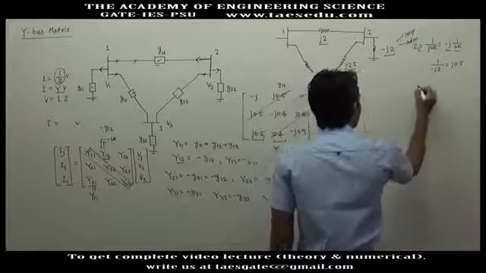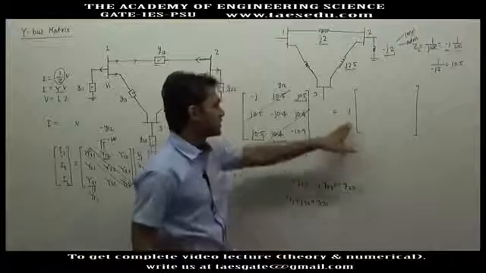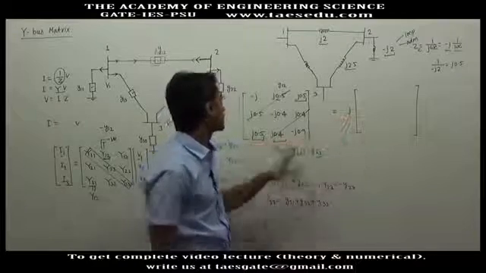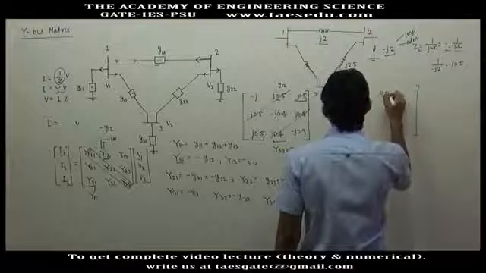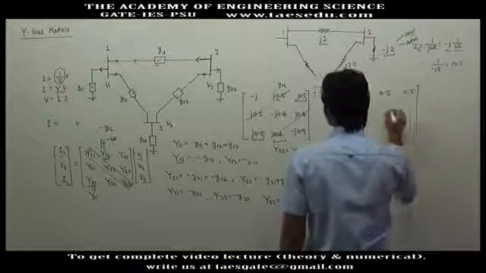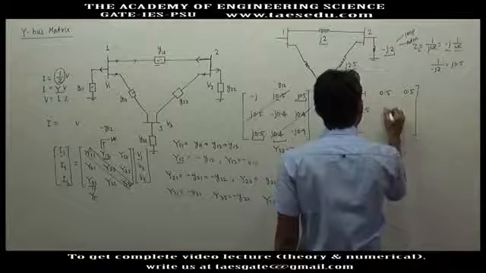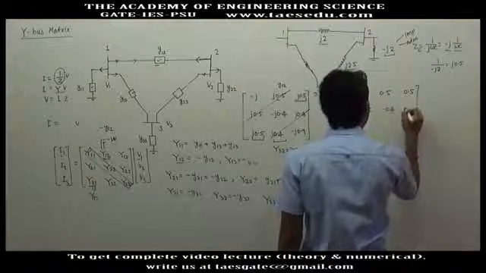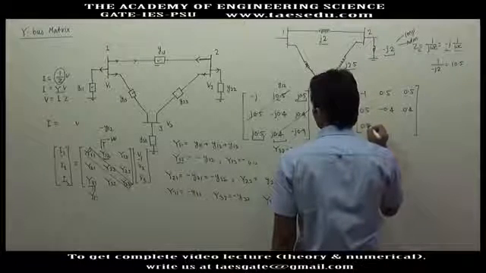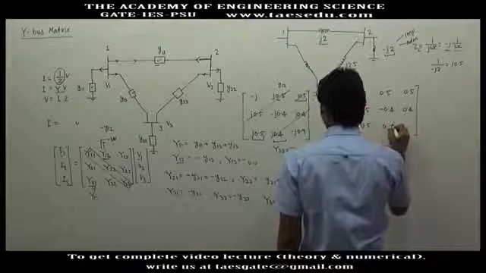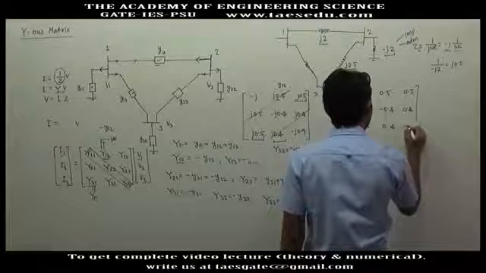If you take j common, normally in a question j will be taken common. So here you will have minus 1, 0.5, 0.5, 0.5, minus 0.4, 0.4, 0.5, 0.4 and minus 0.9.